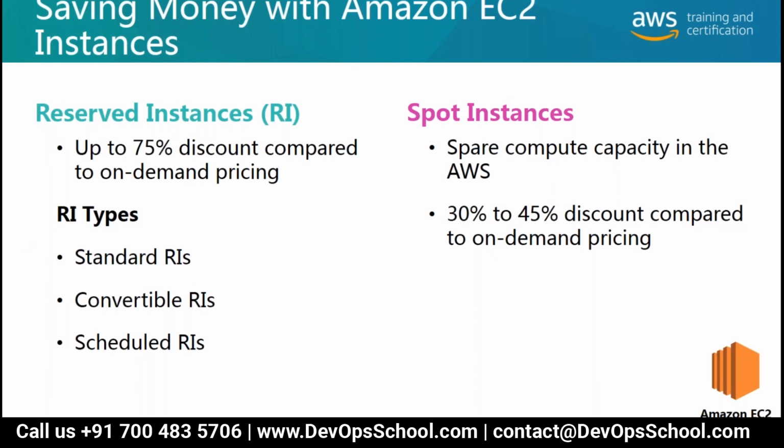Whereas with scheduled RIs, you schedule the time when you want to get those RIs. So this gives you much flexibility and a good amount of pricing discounts and savings when you are using reserved instances. And then there is the spot instance, which gives you spare compute capacity on the AWS cloud.